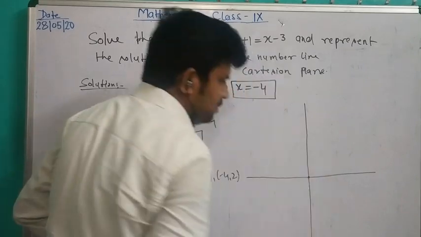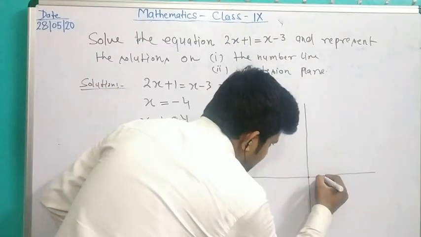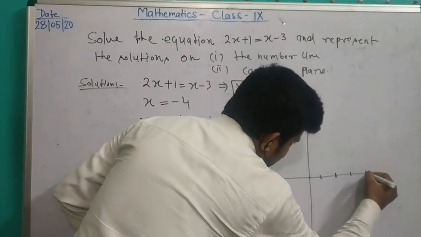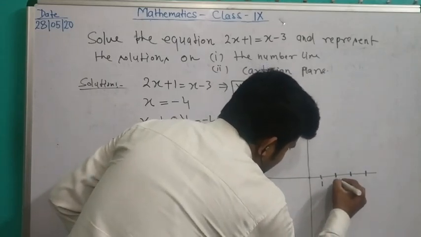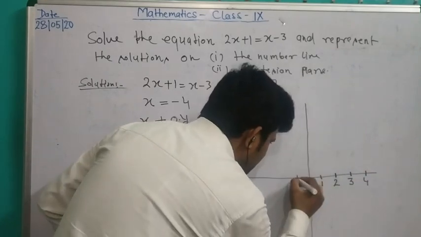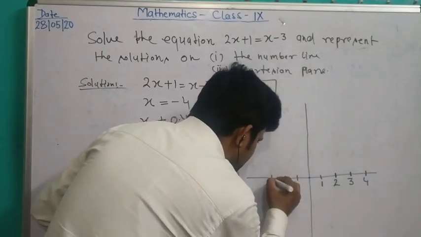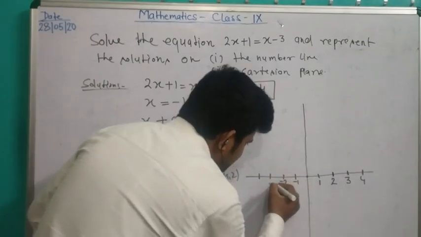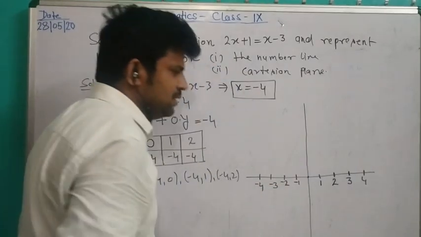This is the origin. On the x-axis, 1, 2, 3, 4, and minus 1, minus 2, minus 3, minus 4.